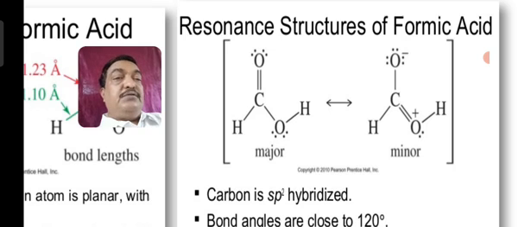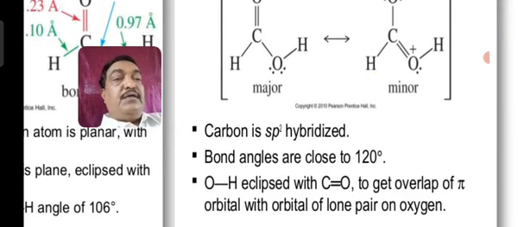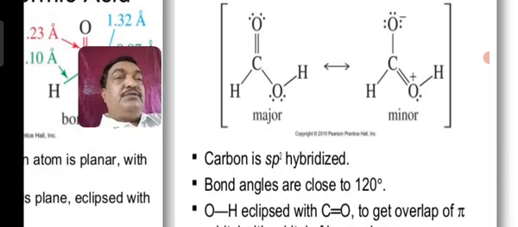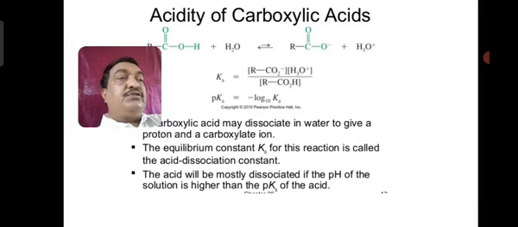So the major and minor structures are represented as resonating structures. Carbon is sp2 hybridized, the bond angle is 120. The oxygen to hydrogen is eclipsed with the carbonyl to get overlap of the pi orbital with a lone pair of electrons of the oxygen. So this is the idea regarding the structure.